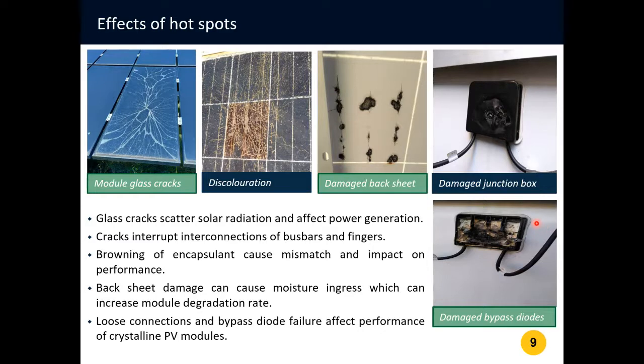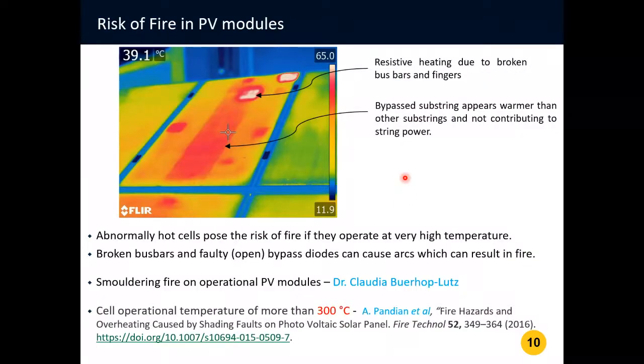Okay, in this slide, I will explain the risk of fire due to hot spots or hot cells. This TIR image is showing abnormally hot cells.